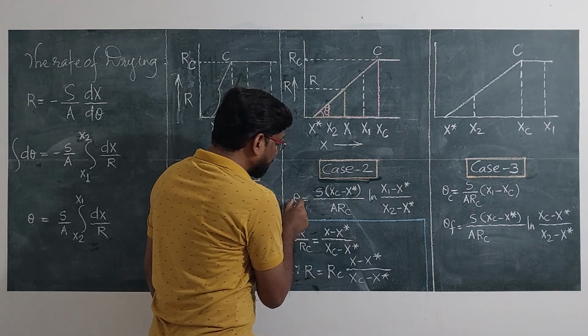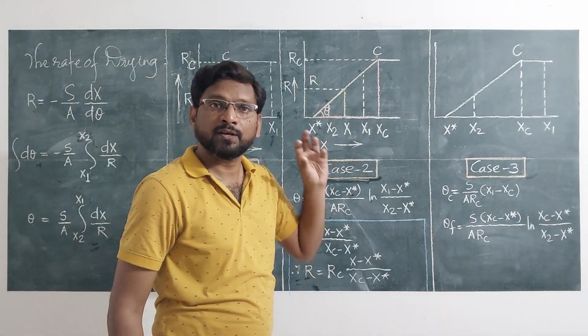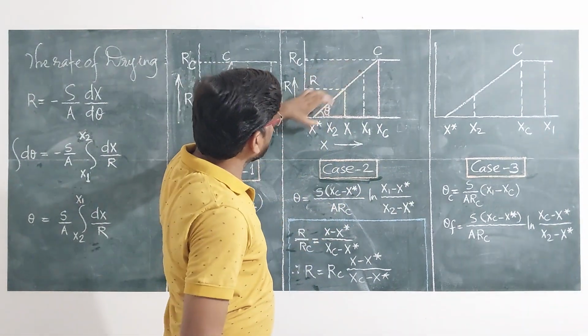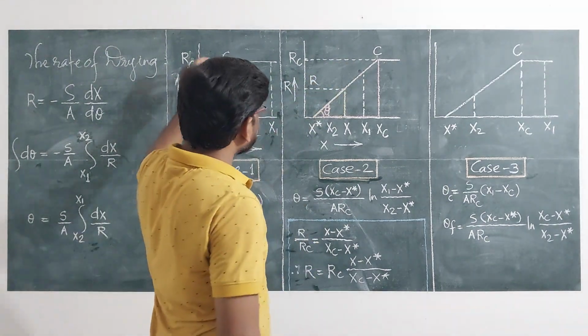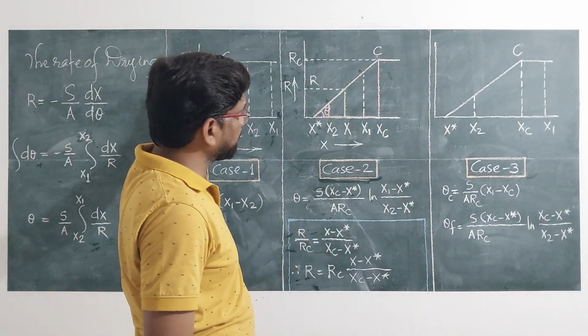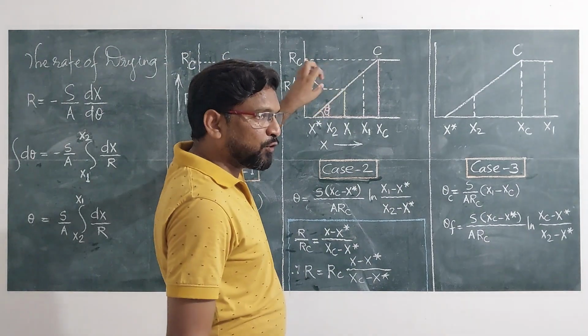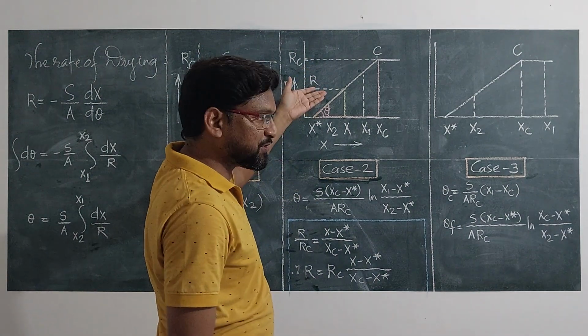So this is the time required for drying in the falling rate period region. This was the drying time for the constant rate period region, and this was the time required for drying in the falling rate period.